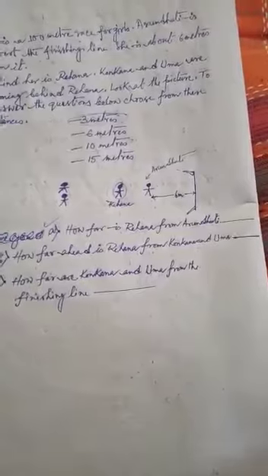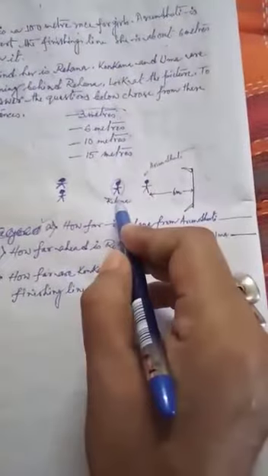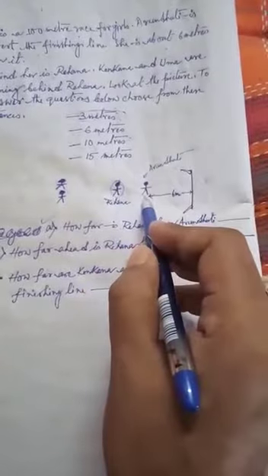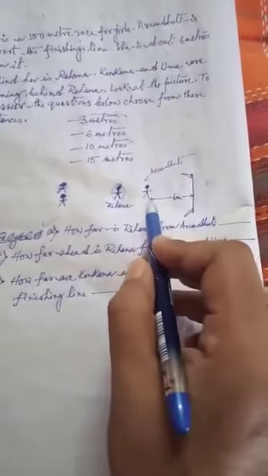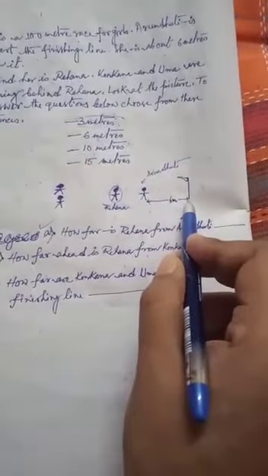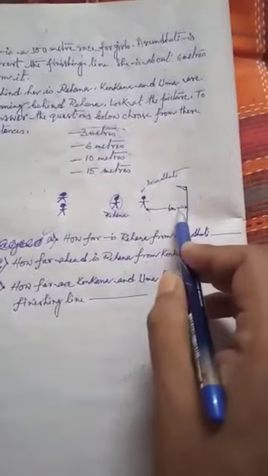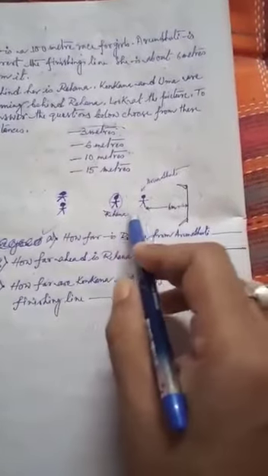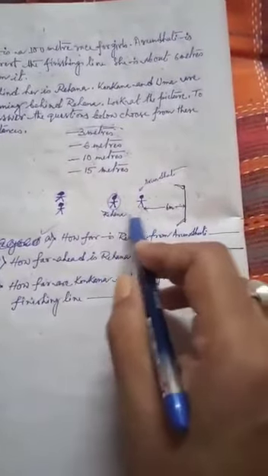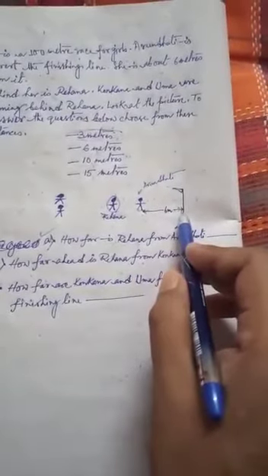Now the first question is, how far is Rihanna from Arundhati? Rihanna is here, Arundhati is here. The distance from Arundhati to the end line is 6 meters. In this picture, the difference between Rihanna and Arundhati looks like half of the distance between Arundhati and the end line.